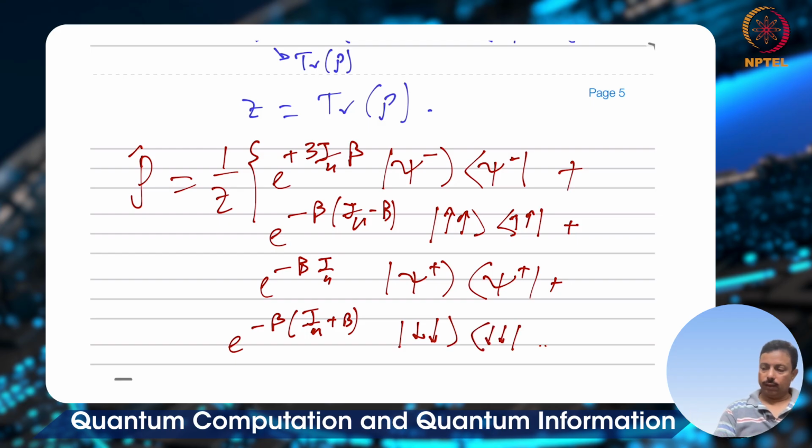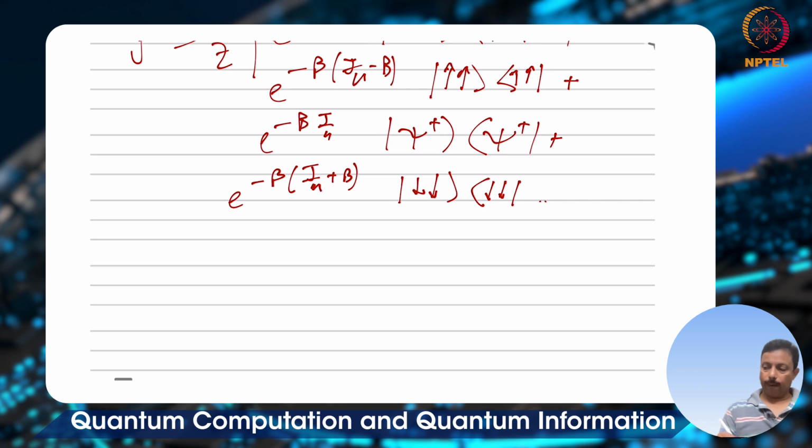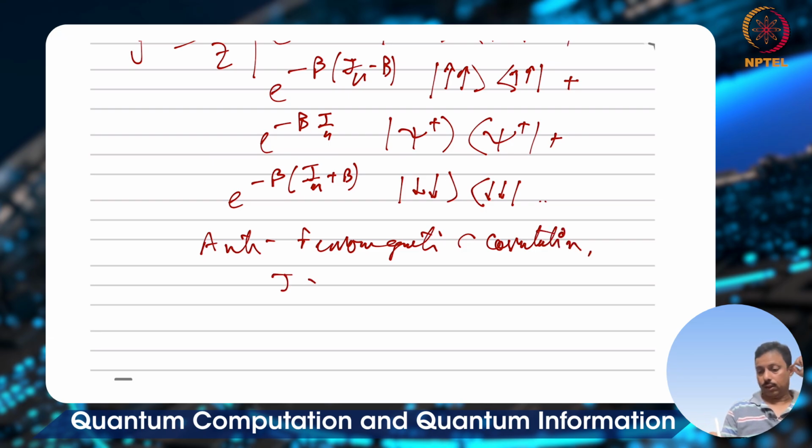Okay, so now we know that psi, let's say I have psi minus the singlet. Now we have a state where, if we have antiferromagnetic correlation, then J is greater than 0. Okay, and therefore the ground state is minus of 3J by 4, which corresponds to psi minus.